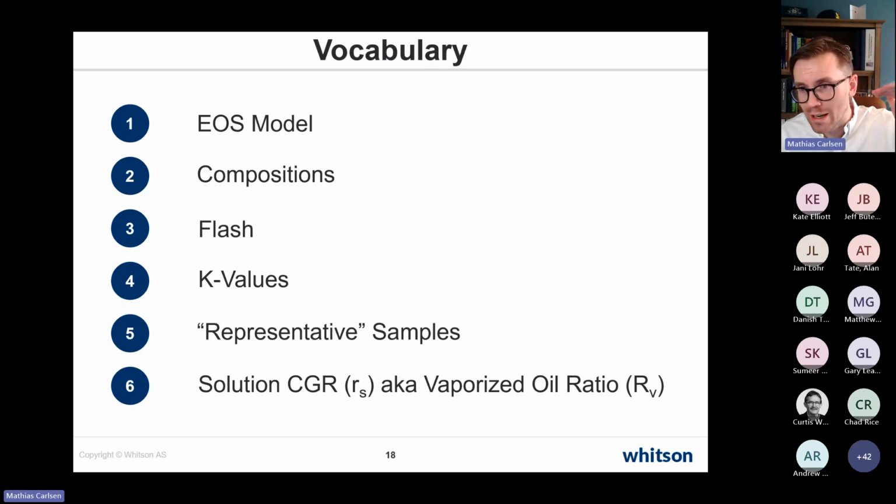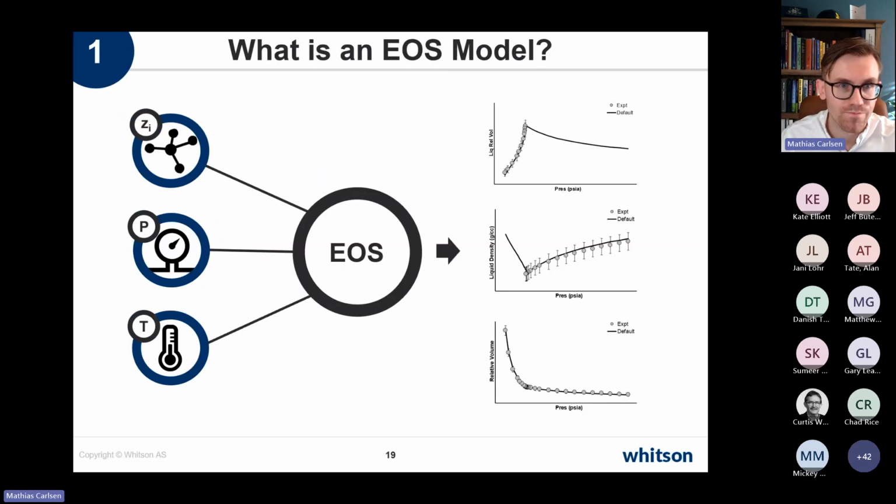We've tried to list them in an order that makes sense. When I go through it, it's good that you know what an equation of state model is before, for instance, what a flash calculation is. This is just the intro, and you'll hear about these at different places throughout the course today as well.